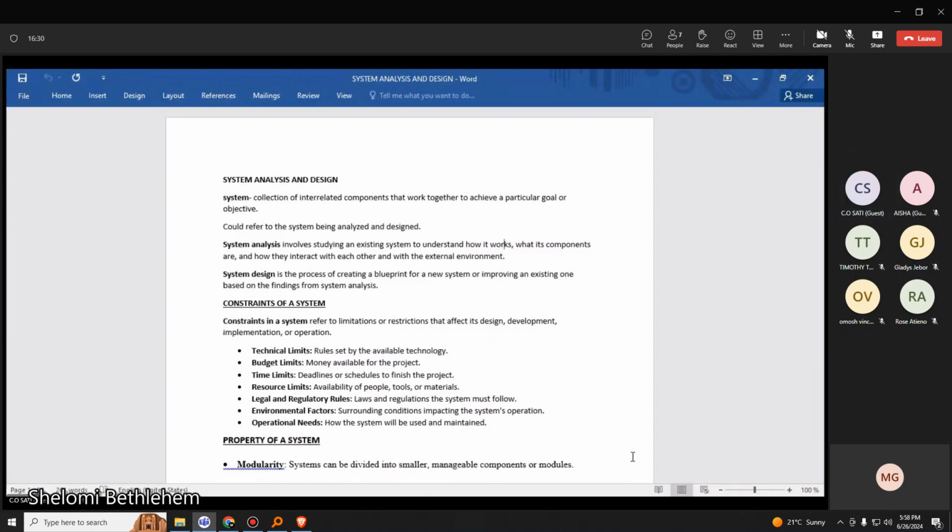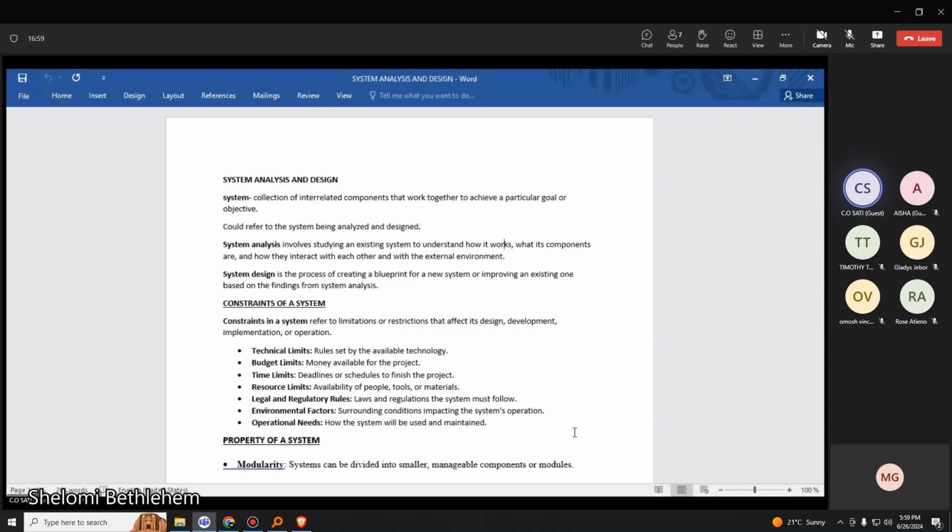This is just a deadline or a schedule to finish a project. When someone wants to come up with a project, you must have a time limit, that by the end of a specific date the project should be done and working. Sometimes you need to develop a project and you have a shorter time that cannot enable you to develop, so you must work within your time limit available.